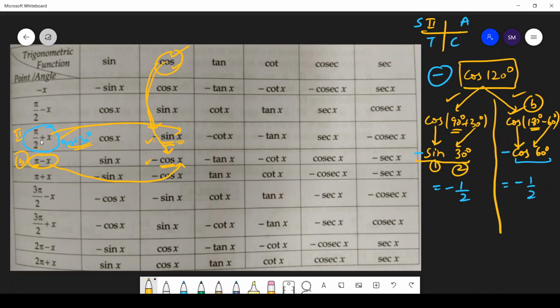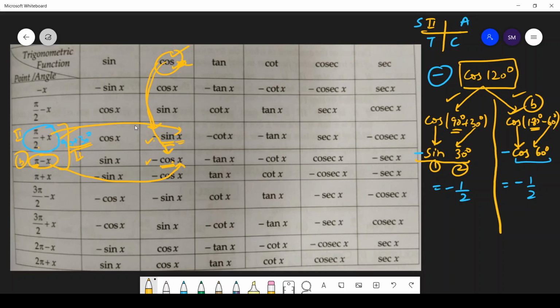The only difference is that here it was 90, so we change cos to sine. Here it is 180, so cos remains, and then the sign depends on which quadrant it is. The quadrant will of course remain the same. Both are second quadrant.